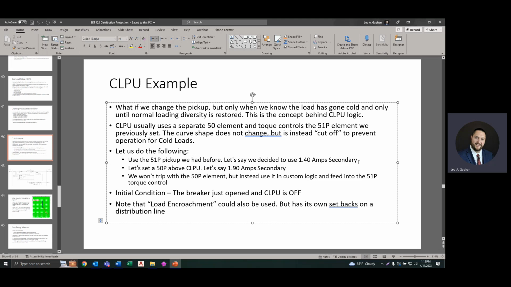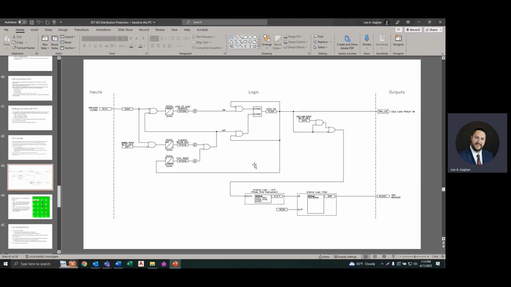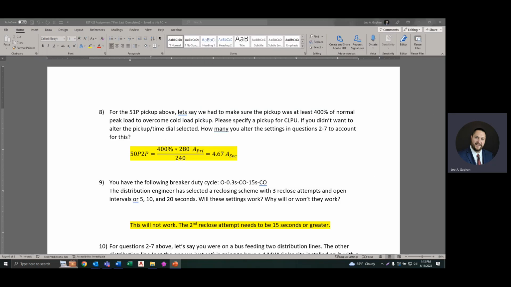We would want to feed it into the torque equation, where we can see this happening here, where the cold load pickup would be activated right after the breaker closed, and then deactivated after either a period of time or once the cold load went away and the current dropped down to a more normal level.